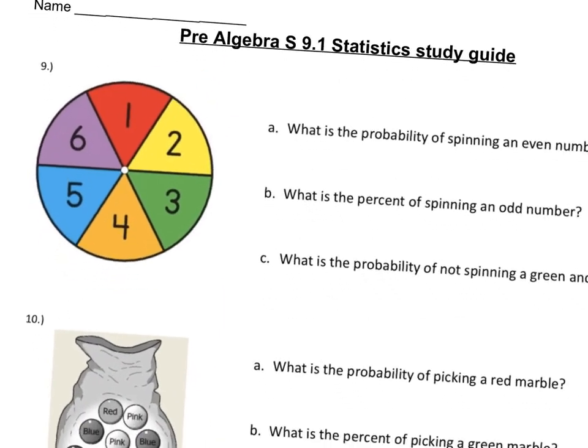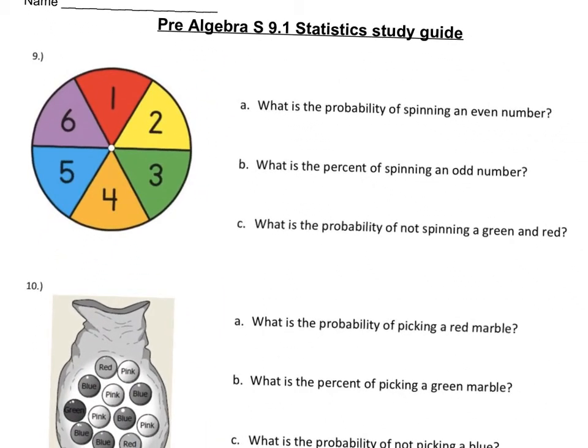When we look at this spinner, we're making believe that we have a spinner that spins randomly, and we have a little arrow. So the probability of spinning an even number, well, there's 3 even numbers out of 6 total. That is 1/2. How do I write that as a decimal?